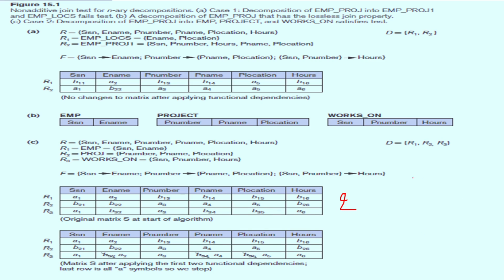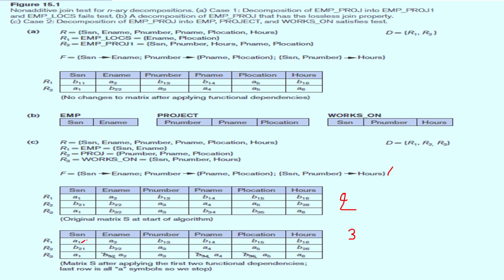Next is step 3. You have to consider the functional dependency and according to that change your symbols. What does the first functional dependency tell here? SSN determines E name. That indicates that in two tuples, if the SSN value is the same, then the E name value must be the same. Let's check.